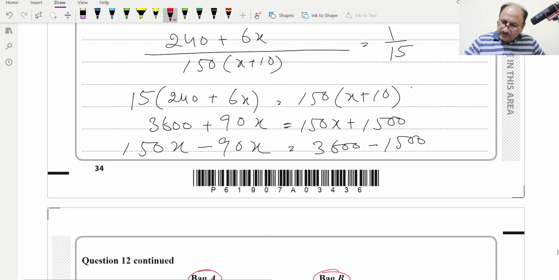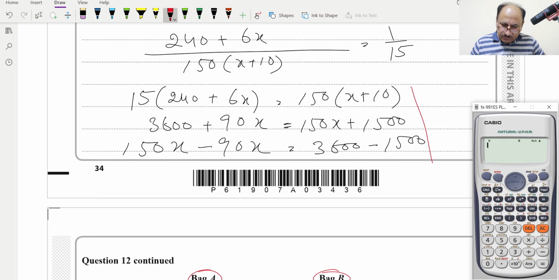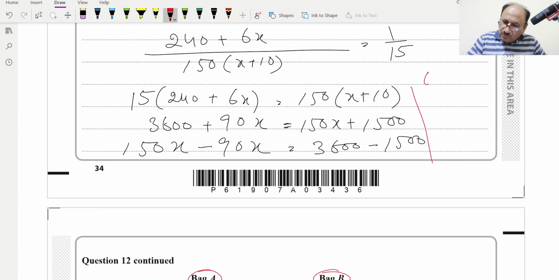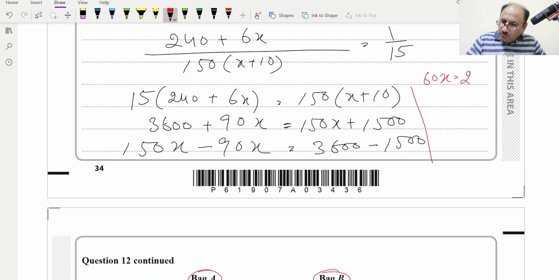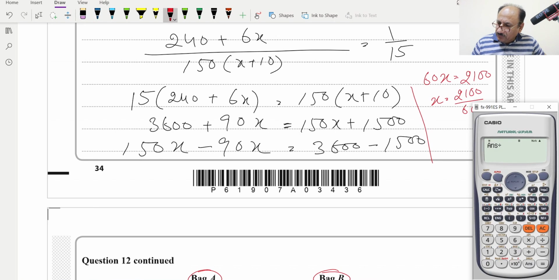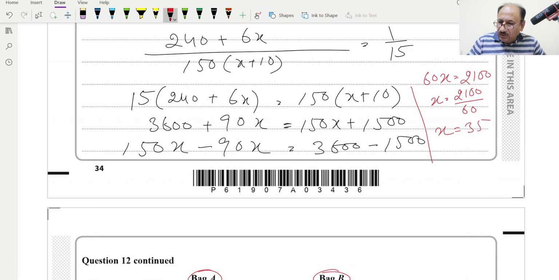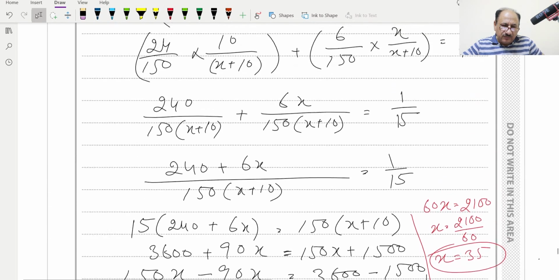So only one step, two steps are remaining. So 150 minus 90 will be equal to 60. So we can write 60x is equal to 3600 minus 1500 is equal to 2100. So x will be equal to 2100 divided by 60, which is equal to 35. So x is equal to 35. This will be our final answer for this question.